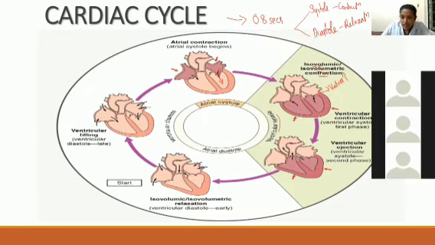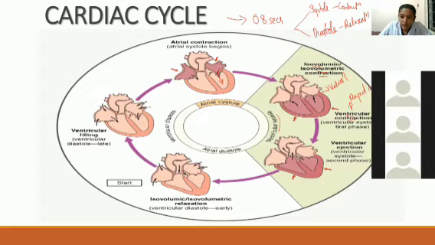And the next phase, that is ventricular contraction. This phase is also known as rapid ejection. From the name also you can identify that rapid ejection of the blood from the ventricles to the pulmonary artery or to the aorta will be happening here.